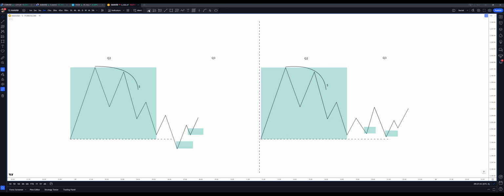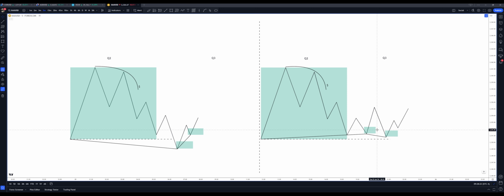So what we're then going to have is SMT with a previous quarter, and then we're going to have lower time frame inside of this quarter with PSP candles. Yet again, it's candles that do not correlate on correlating assets, which means one candle closed bullish or bearish, whilst on the other asset, it closed in the opposite direction.